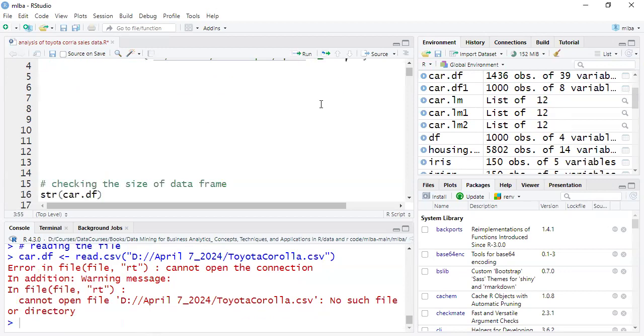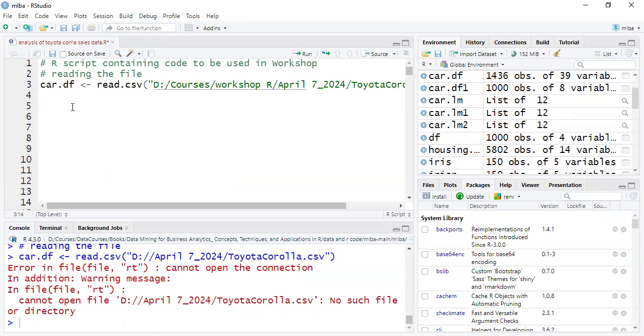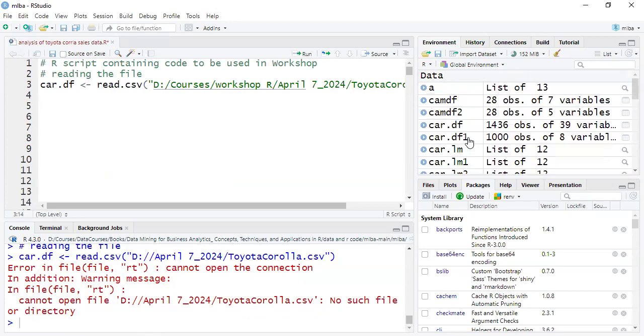Now, the car.df is there. Just look here, car.df, this one. This is the car.df, which is created right now after my execution.